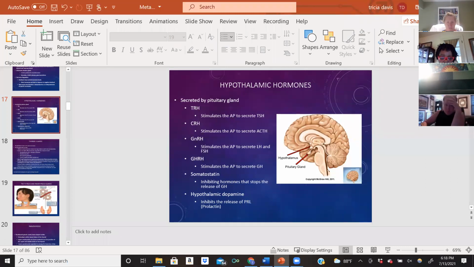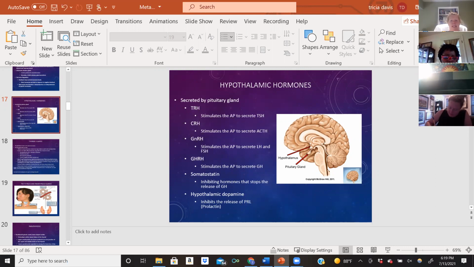All right, so there are several hormones that the hypothalamus influences. TRH stimulates the anterior pituitary to secrete TSH.